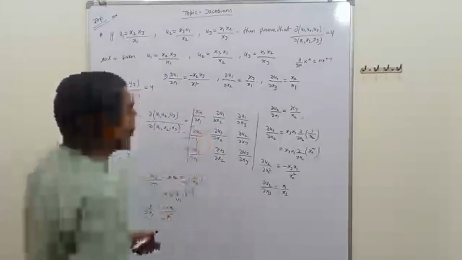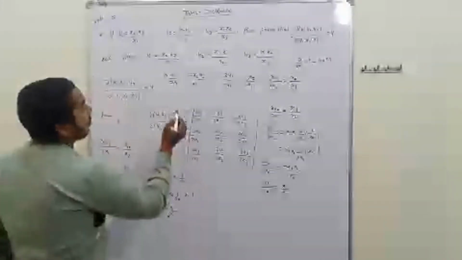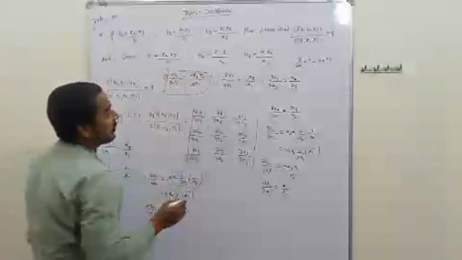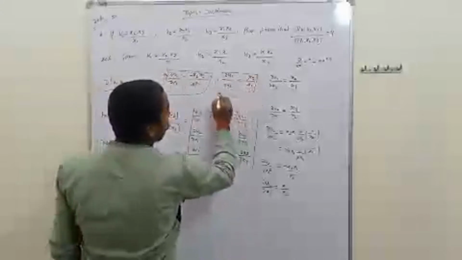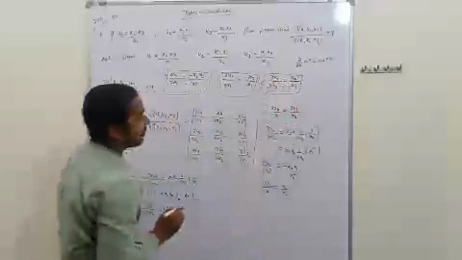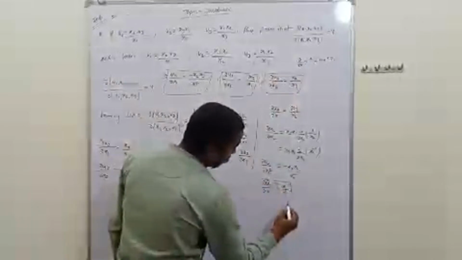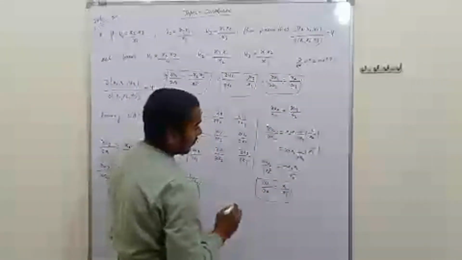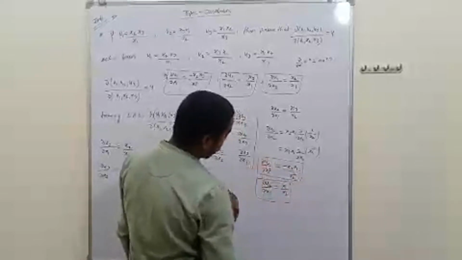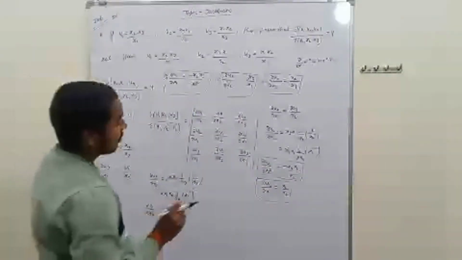We can also write here, one second, then we have to put, this is the value of del u1 upon del x1, this is the value of del u1 upon del x2, this is the value of del u1 upon del x3, and this is the value of del u2 upon del x3, and this is the value of del u2 upon del x2.